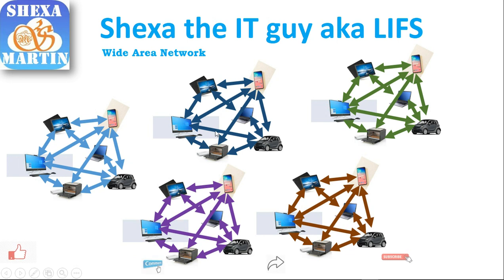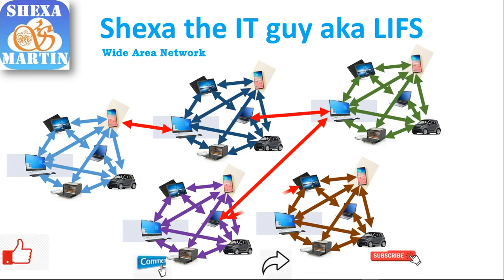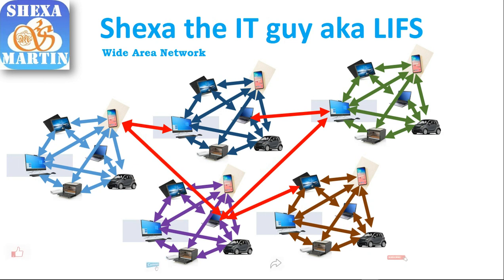Now when these local area networks are connected to each other, it becomes a wide area network. Look at it, it's now connected to another one. The networks themselves are now connected to each other. This network is connected to that network, and this one to that one.